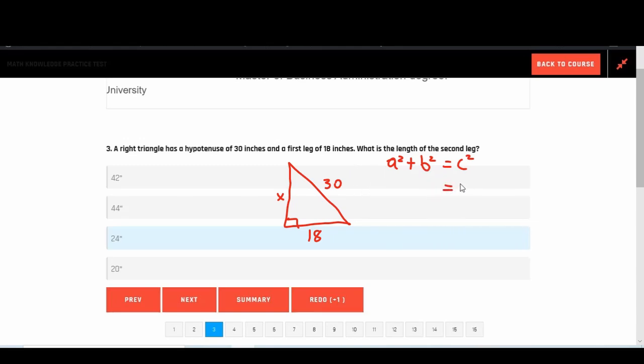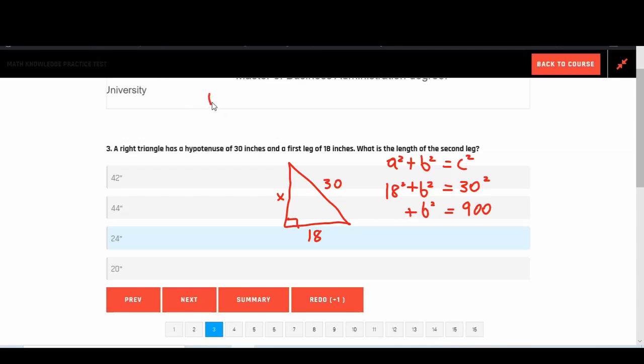We know the hypotenuse is 30, and we know that one of the legs is 18. So we'll try to find the other leg. 30 squared, well, 3 squared is 9, therefore 30 squared is 900. We don't have to do too much work to figure that one out.